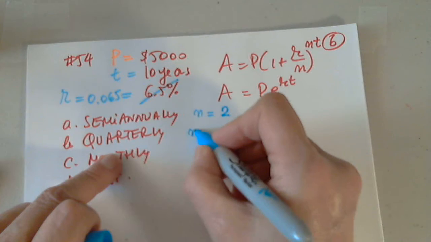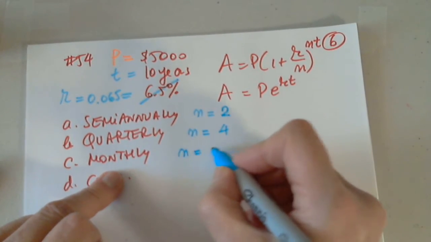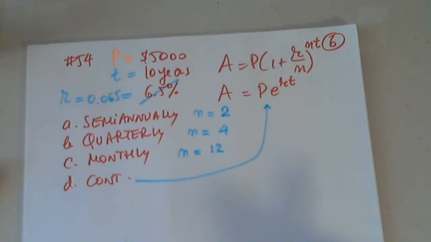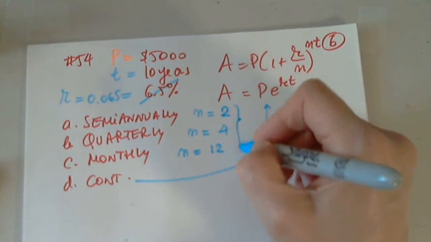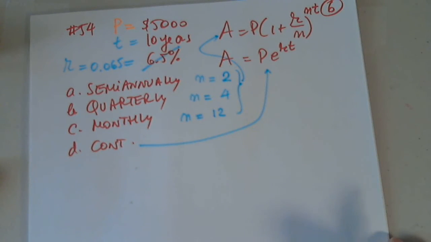What does quarterly mean? 4. What does monthly mean? 12. Very good. And this is a totally different formula, which has nothing to do with n. So these three have to use the first formula for compounded n times a year. The last one has to use the second formula.